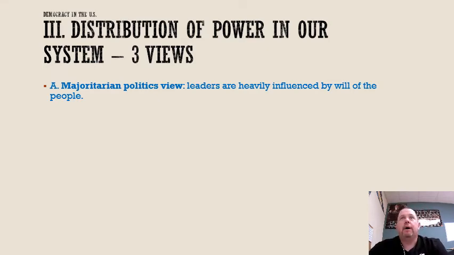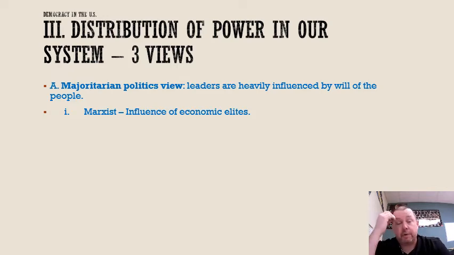And then there's a breakdown in terms of who those leaders within the majority are. So the first idea comes from Karl Marx, right? So this is Marxist theory. Marx was a big believer that economics is what dictated everything, right?